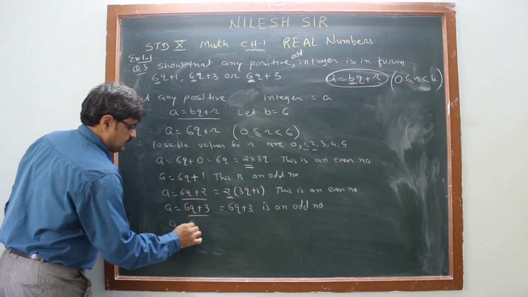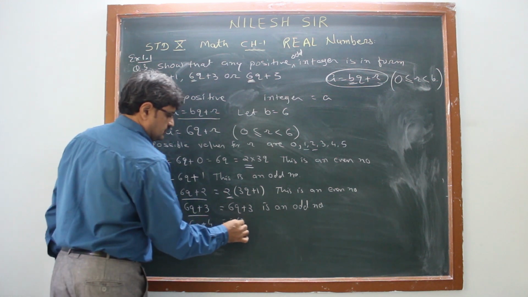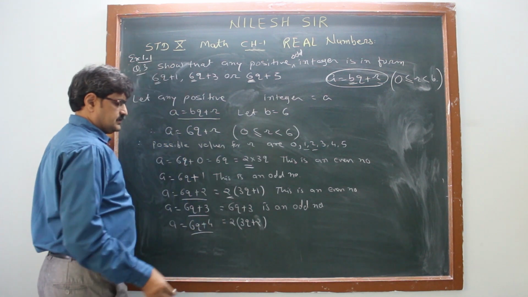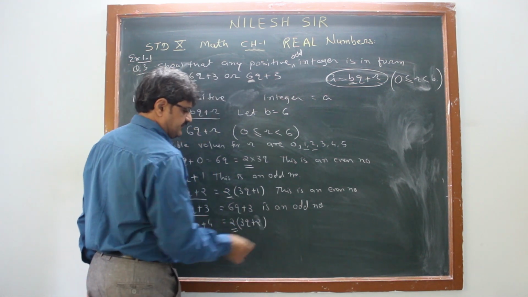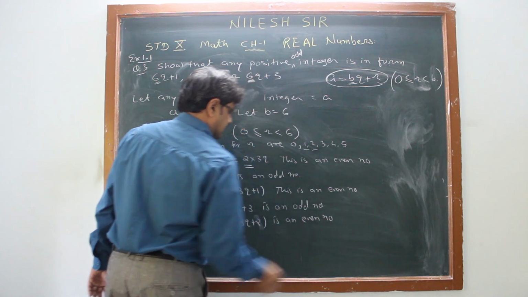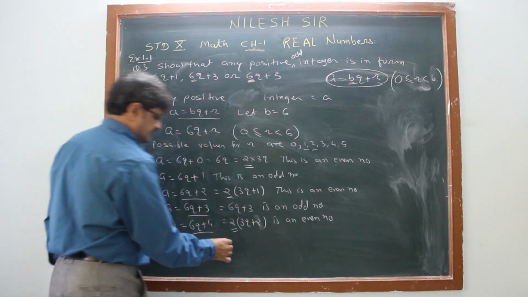Later on, a is equal to 6q plus 4. Here I can take 2 common from both. The remaining terms are 3q plus 2. Here we have a factor 2, so it is an even number. And at last, a is equal to 6q plus 5.